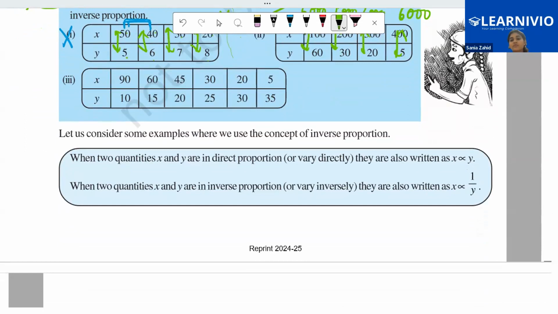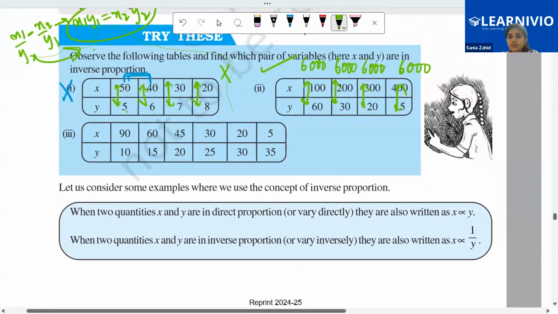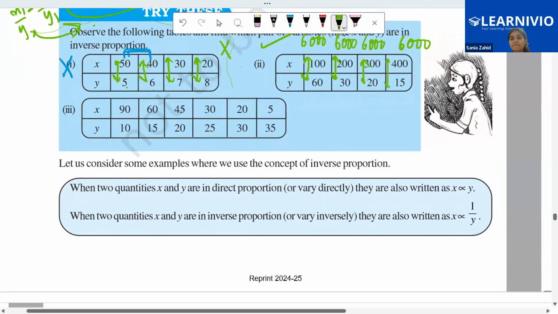Yes. 400 into 5 is 2000, right? 400 into, oh yeah, it's 15. Ma'am, the third one is also an inverse proportion.